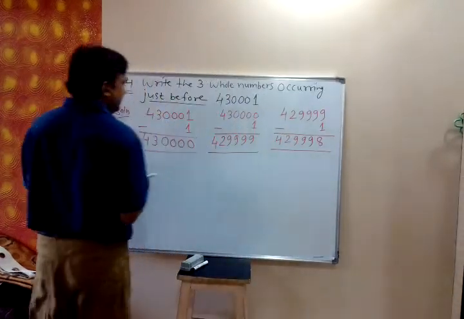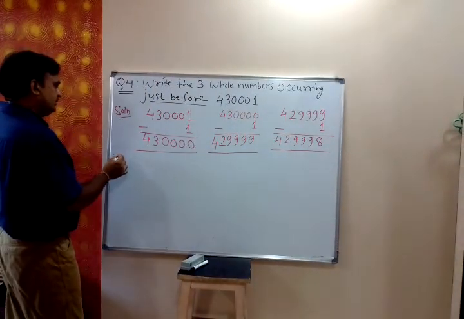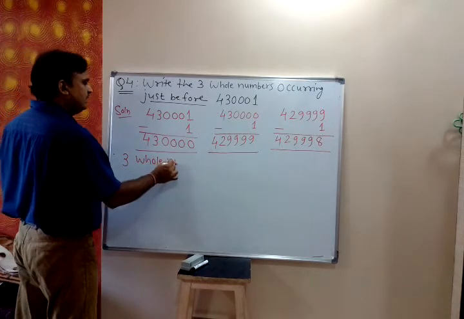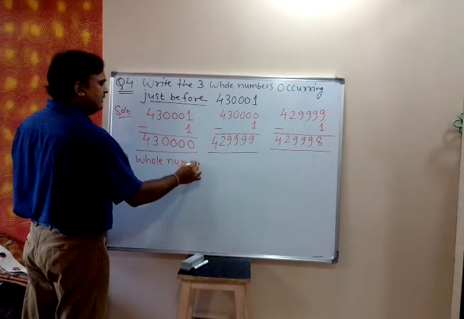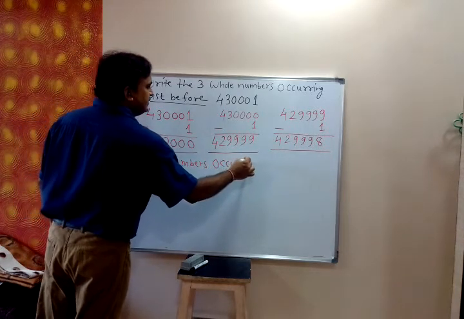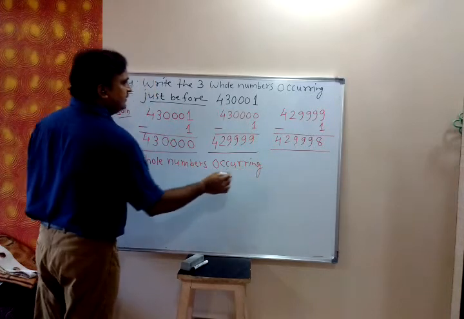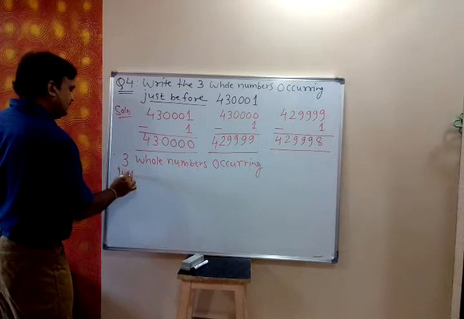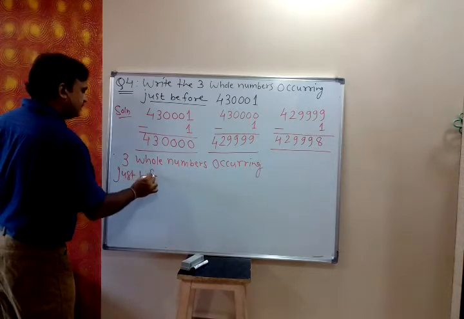So we write the answer. Three whole numbers occurring just before. Just before means predecessor.